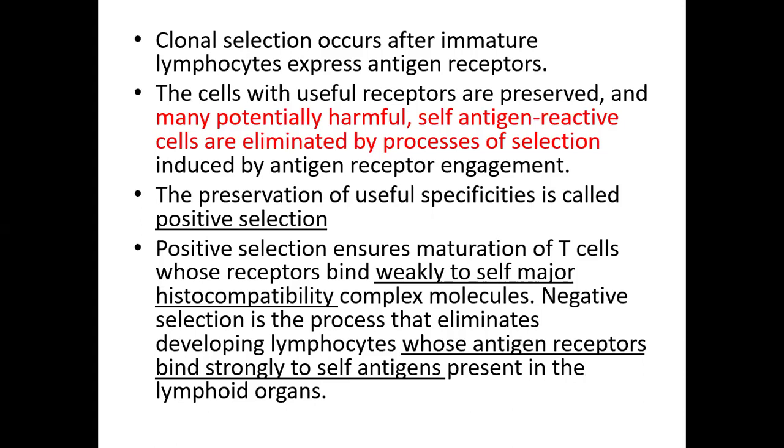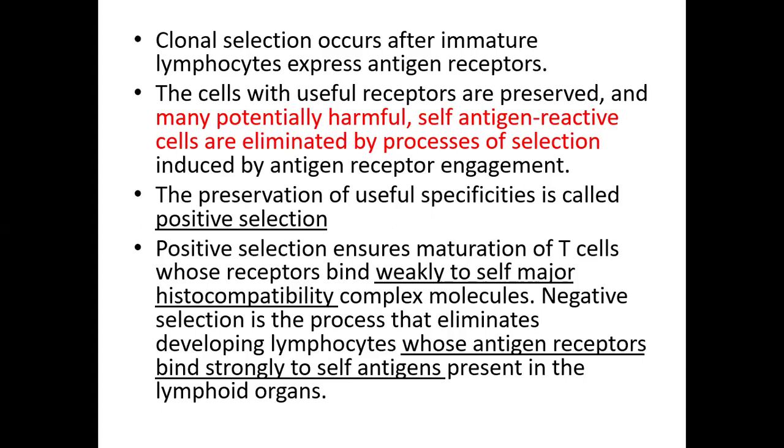Clonal selection occurs after immature lymphocytes express antigen receptors. T cells with useful receptors are preserved, and mainly potentially harmful self-antigen reactive cells are eliminated by the process of selection induced by antigen receptor engagement.